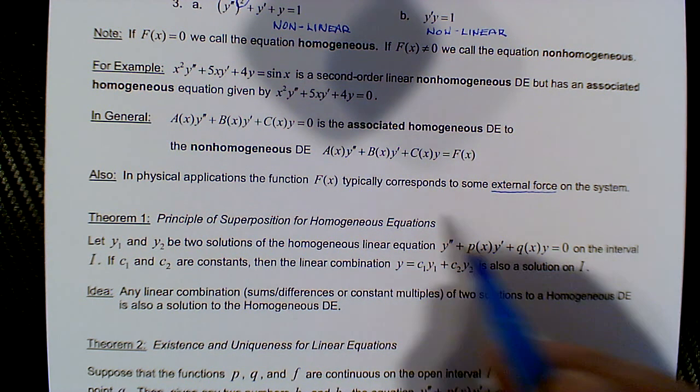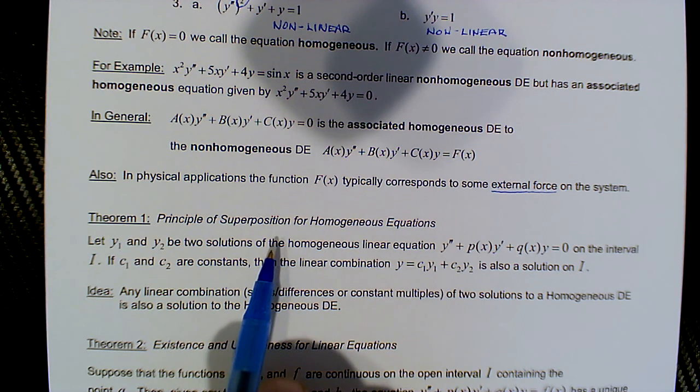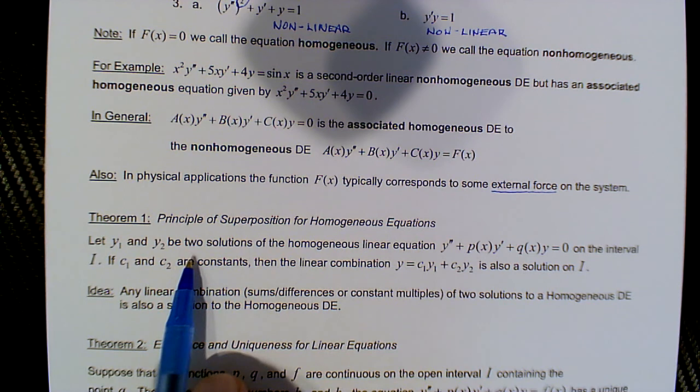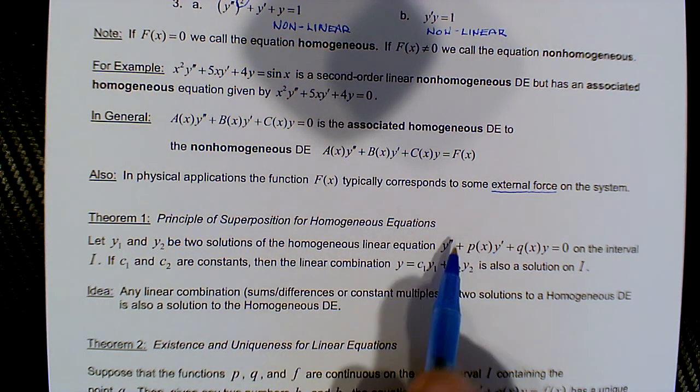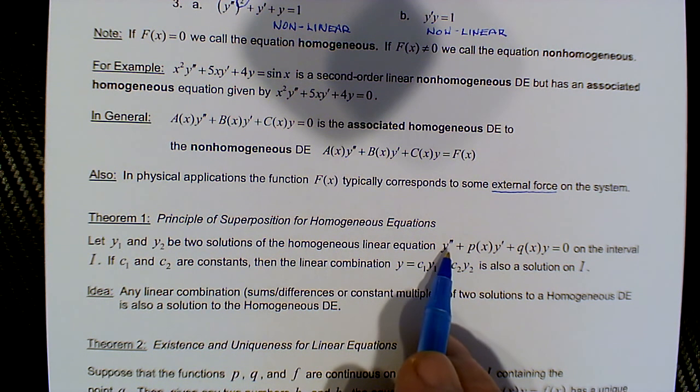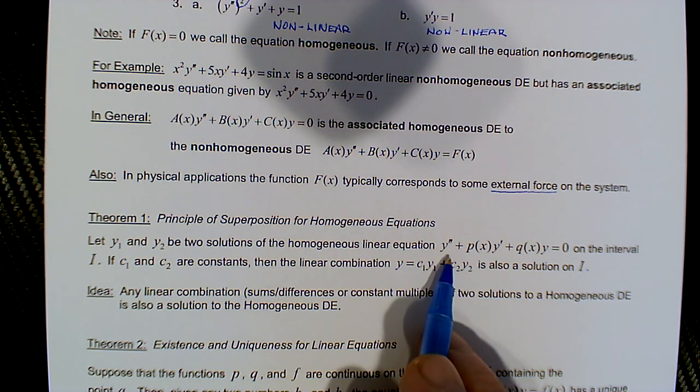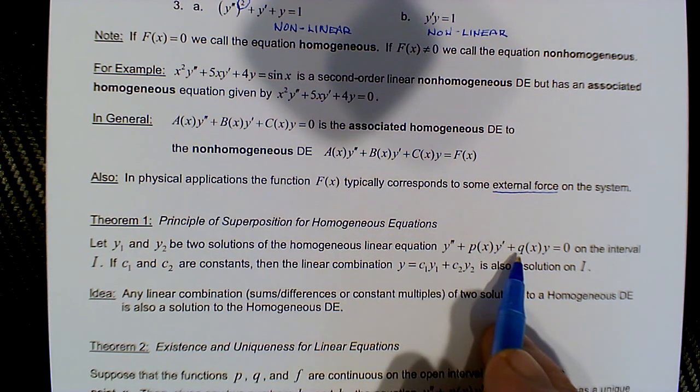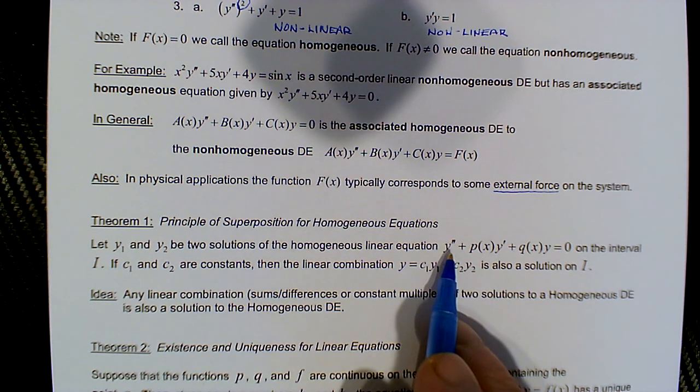So we start with what we call the principle of superposition. And if you have two solutions, call them y1 and y2, to a homogeneous linear equation, second order, here, which we actually rewrote to fit the form where the coefficient of y double prime is 1.